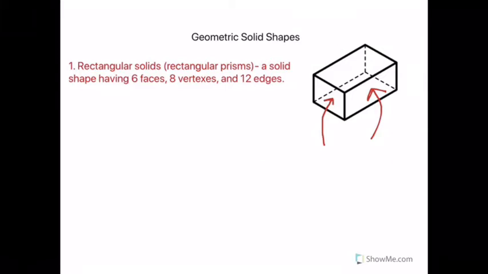Now let's talk about the vertices. The vertices are the points. We'll talk about the edges first. The edges are here where 2 faces meet. So this edge down at the bottom here is where the bottom and the front faces meet. Over here, it's where the bottom and the left side face meet.